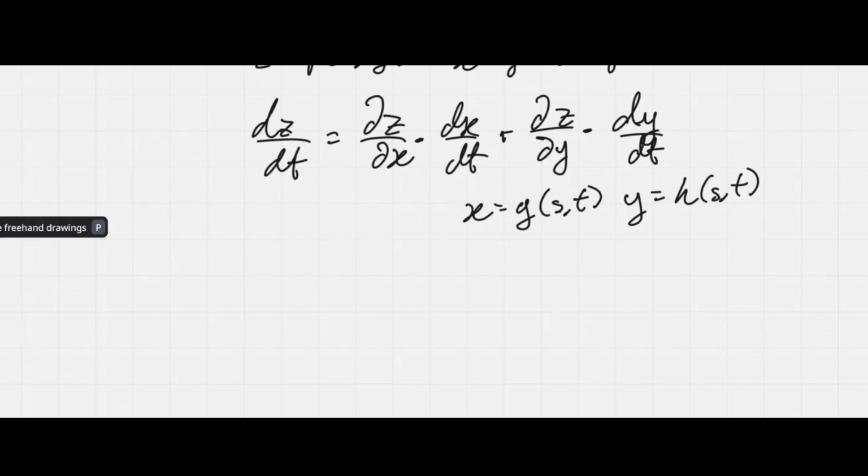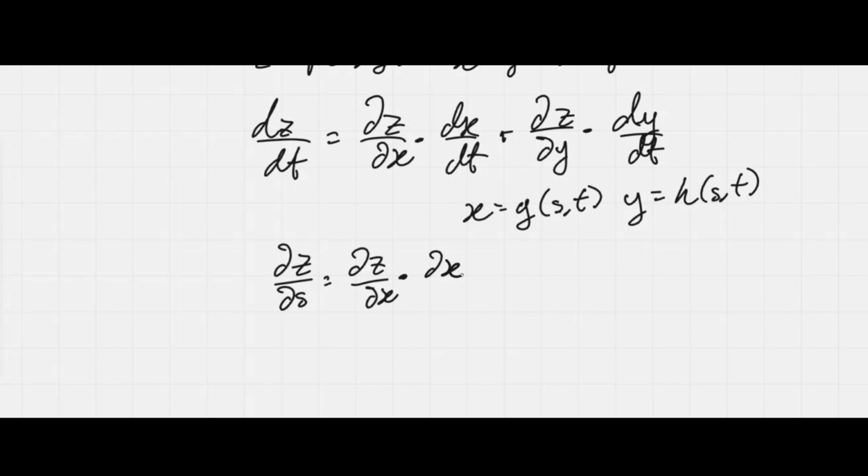Then what we might say is that the partial of z with respect to s is, again, the partial of z with respect to x multiplied by the partial of x with respect to s. And we're going to add that to the partial of z with respect to y, again multiplied by the partial of y with respect to s. And so that's specifically for s.